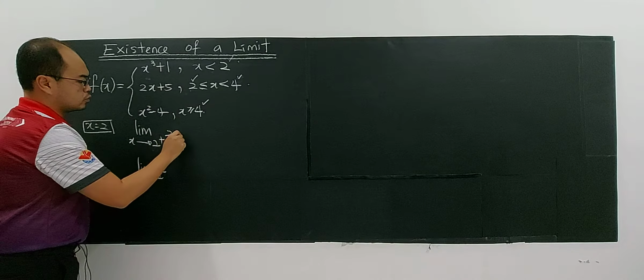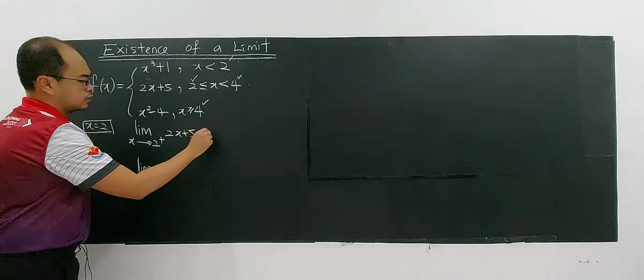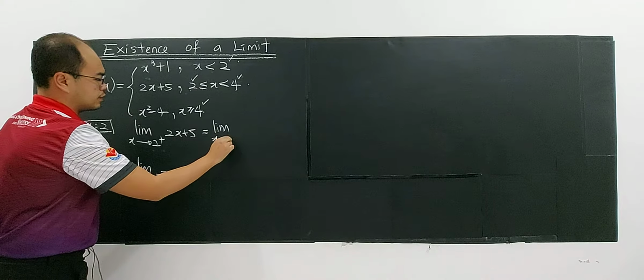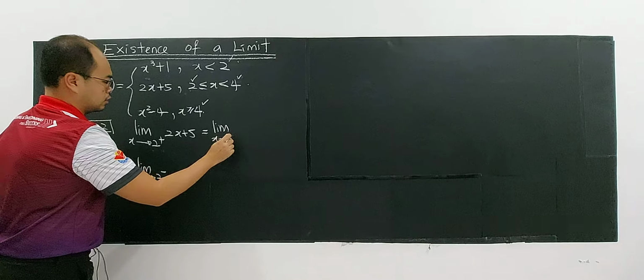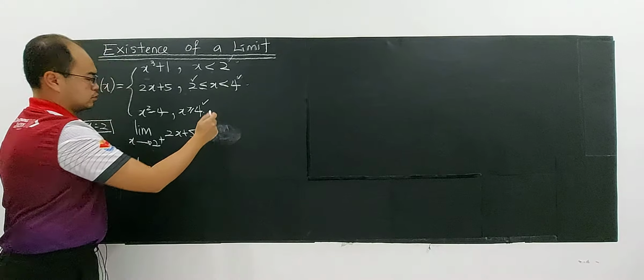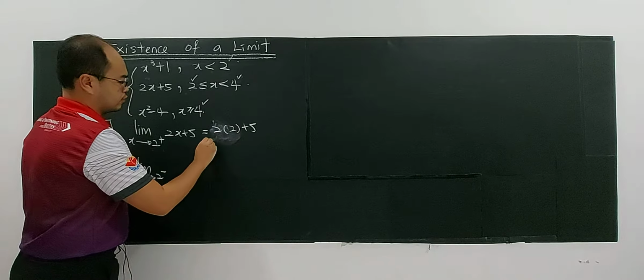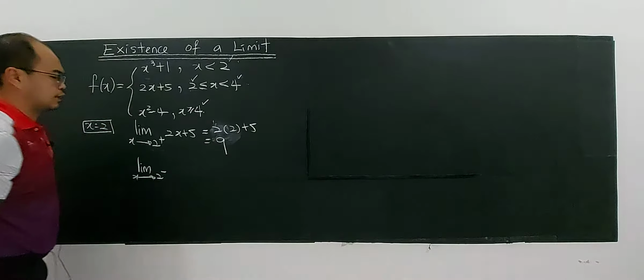So it will be 2x plus 5. Then you calculate with x approaching 2: 2 multiplied by 2 plus 5, you have the value of 9.